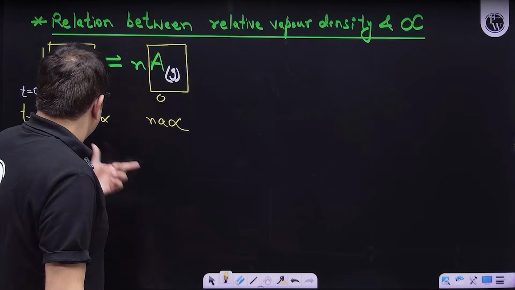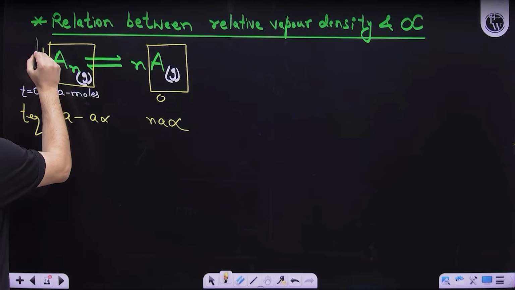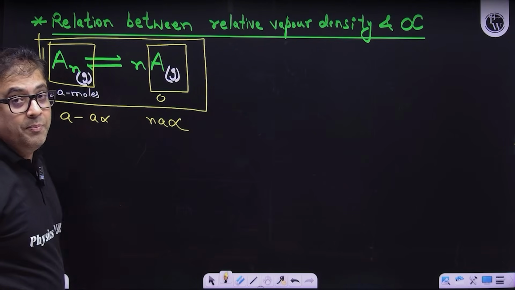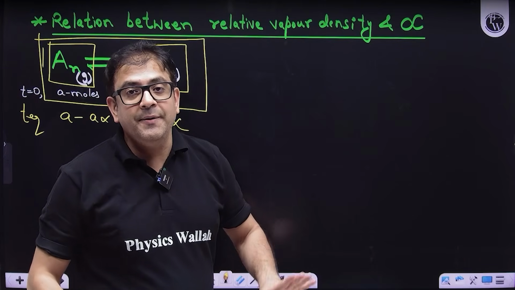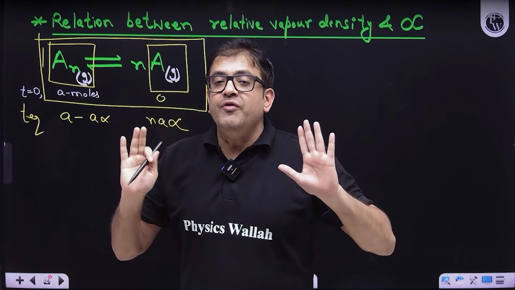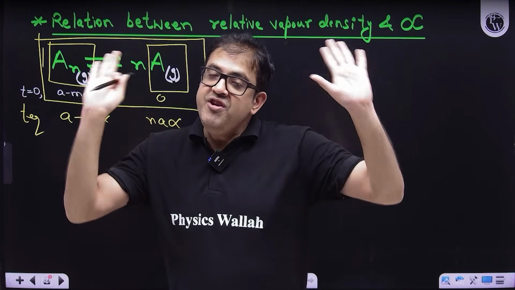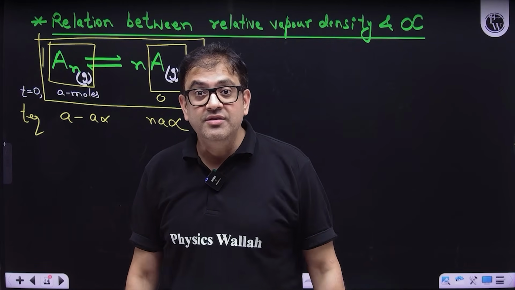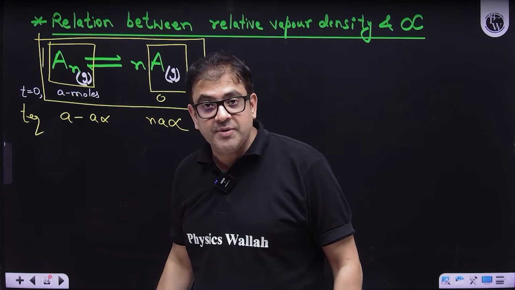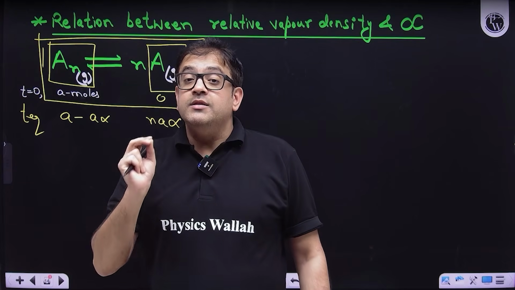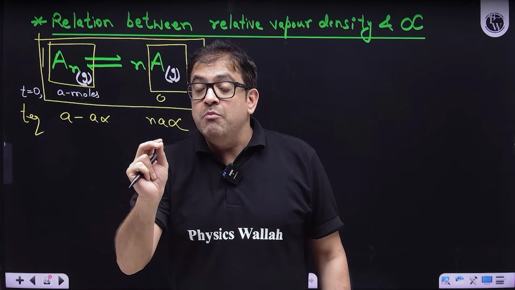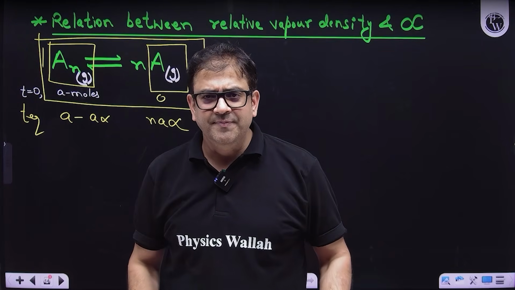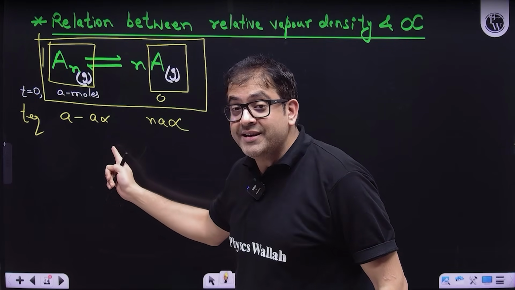Now, initially, the gas that you had, let's say, A moles of gas occupy a volume of V. So if moles increase, volume also increases because initially only this gas was present. Again, sir, initially A moles of gas was occupying a volume of, let's say, capital V. What is the mole present at equilibrium?